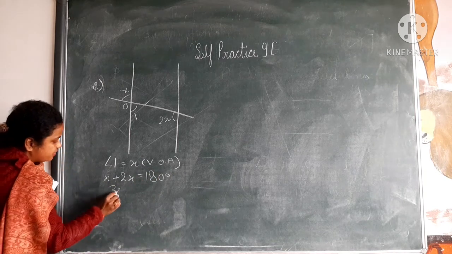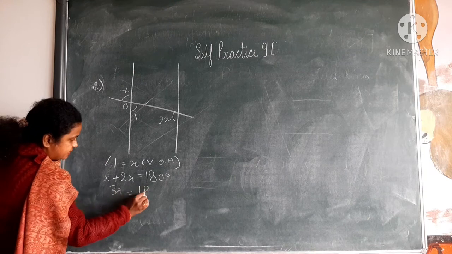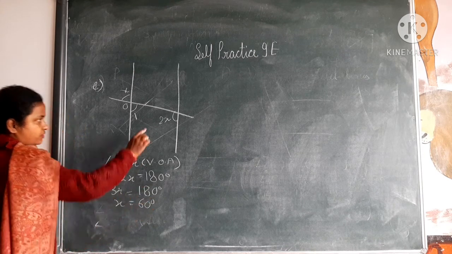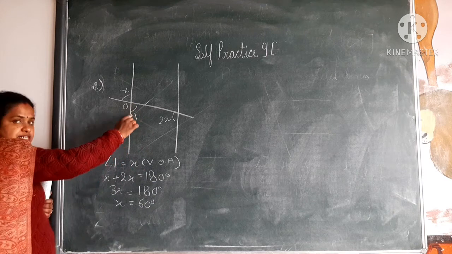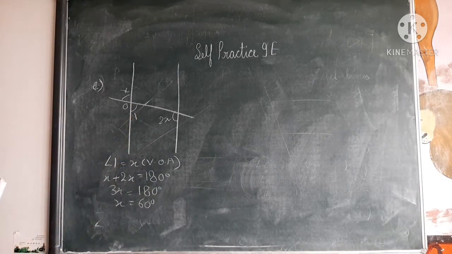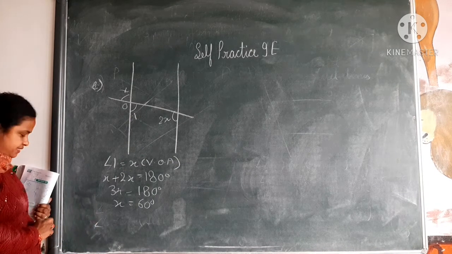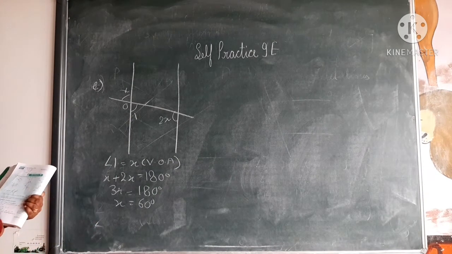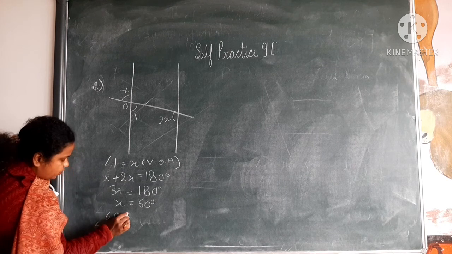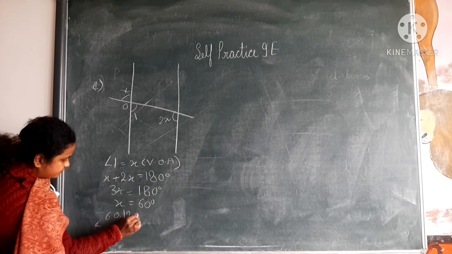So 3x will be 180 degree. X will be equal to 60 degree. Because this is vertically opposite and the sum of these two will be 180 degree. So you will have x equal to 60 degree. So one angle here will be 60 degree and other will be 2 into x, 120 degree.